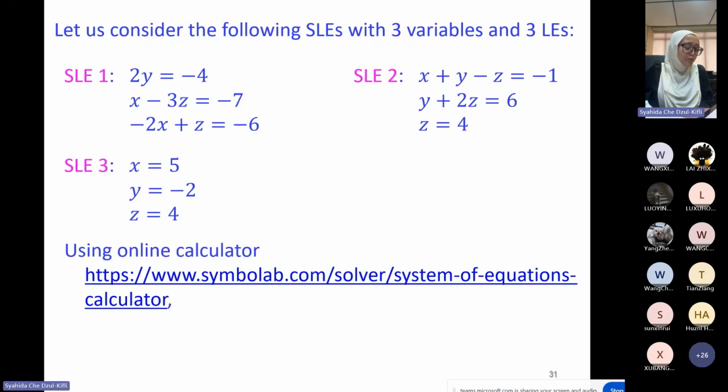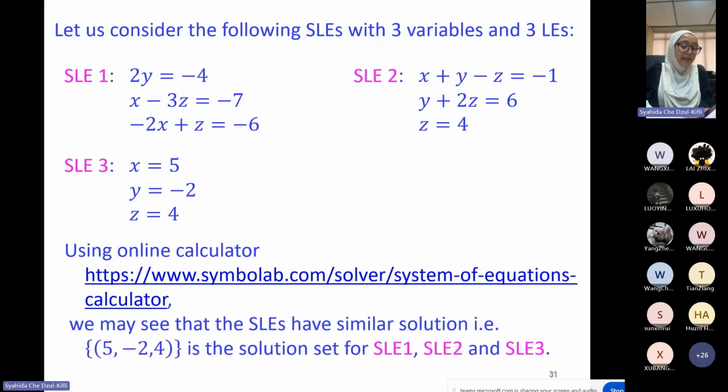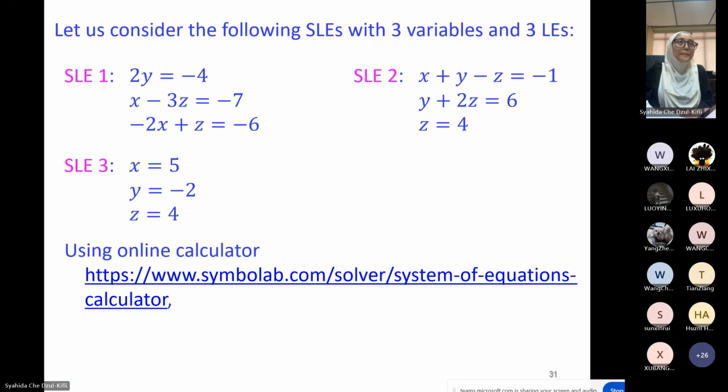Using an online calculator, we may see that the systems of linear equations have a similar solution. Using online tools, you may solve systems of linear equations easily. You can use Desmos three-dimensional graphing to draw all of the linear equations and see the intersection point.